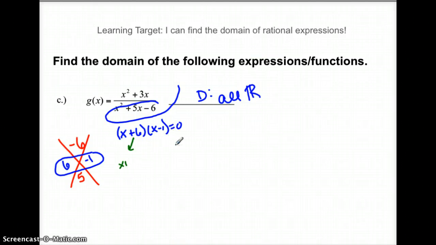And also I need to check what could I plug in here that would make that equal 0. Well, I'm not going to show those solving because that should be simple and we should be okay with that. Everything would work except a -6 because I would have to subtract. And here I'd have to add 1, so a +1. Those would be the two x values that would make this result in a 0. Okay, and that's what I'm trying to avoid.